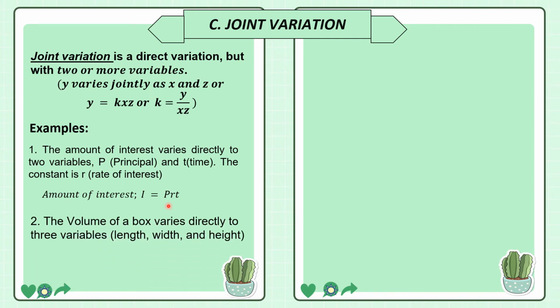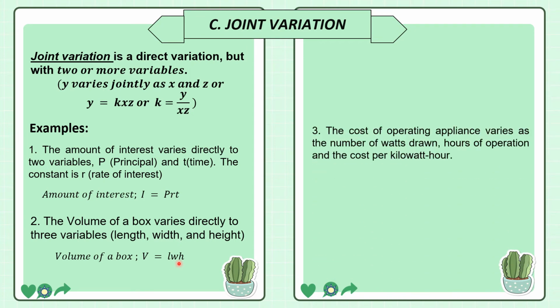Number two, the volume of a box varies directly to three variables: length, width, and height. If we convert this given statement into a mathematical equation, V is equal to length times width times height.